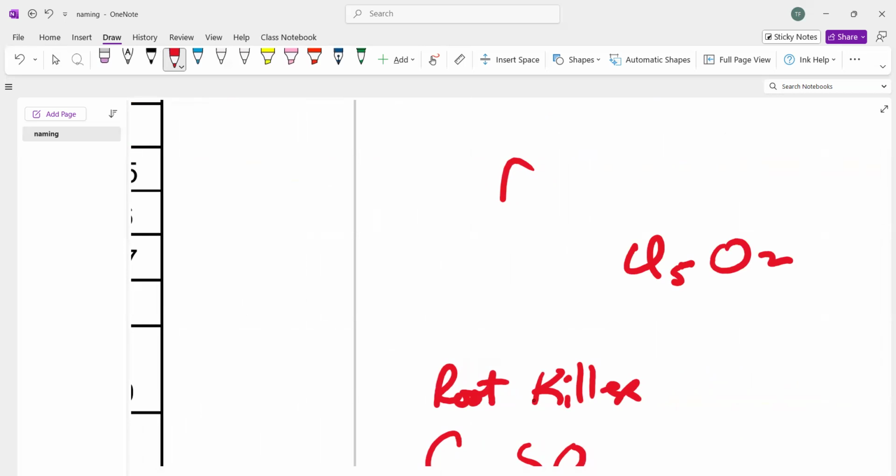Is that ionic? Is there a positive and negative ion up there? No. So it automatically becomes covalent, or molecular.